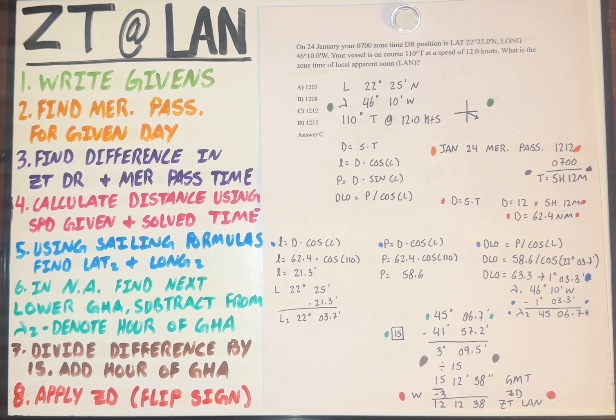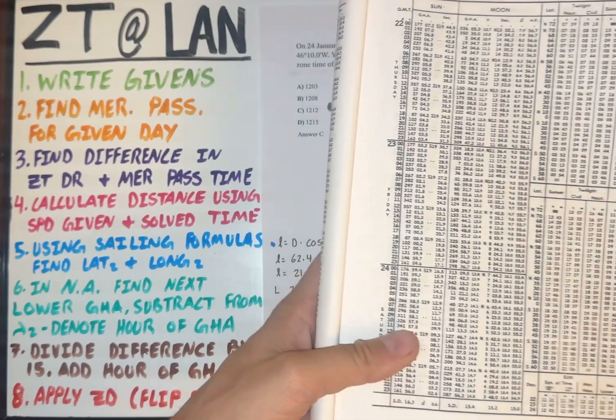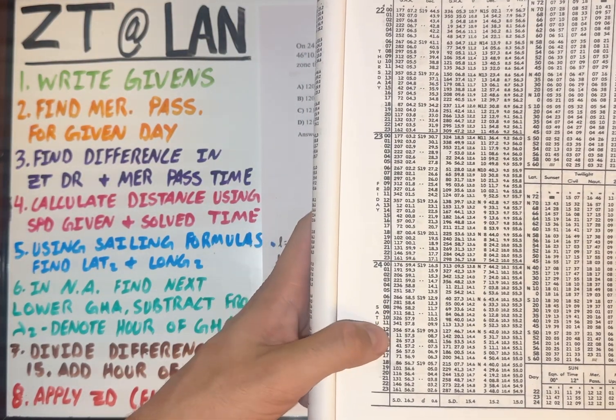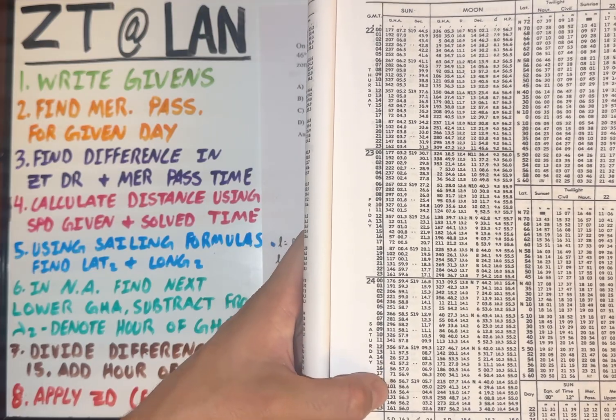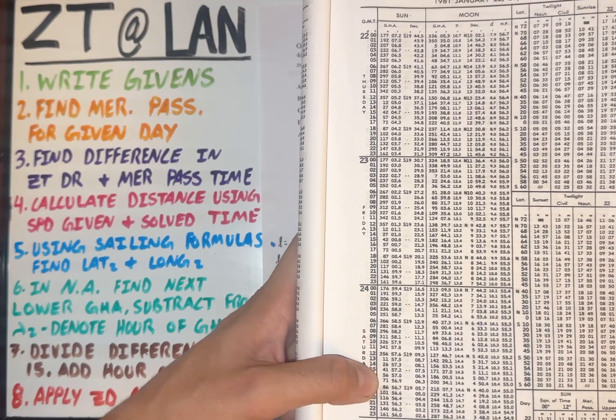Step number 6 is, in your nautical almanac, find the next lower GHA from the longitude 2 that you just solved for, subtract that from longitude 2, and denote the hour of GHA that you're taking from. So if we go to our nautical almanac on the 24th of January, we're looking for the number that's directly under or next lower to the longitude we just found.